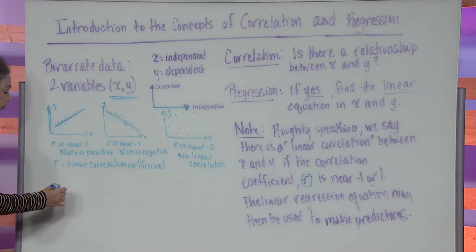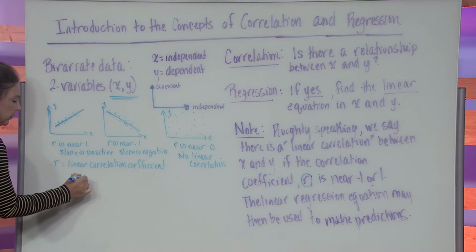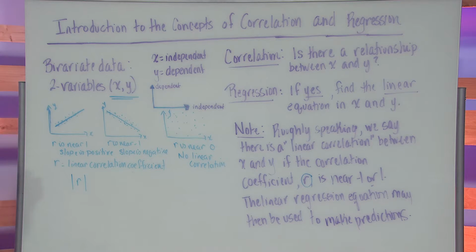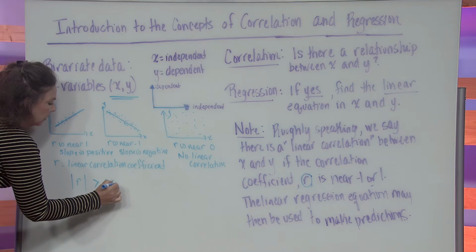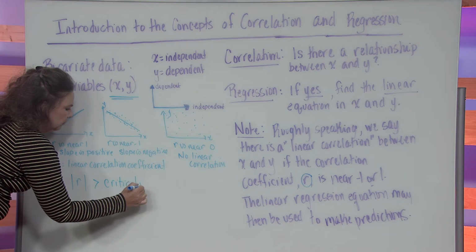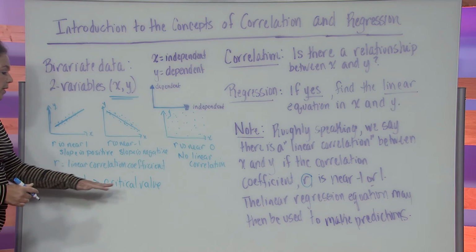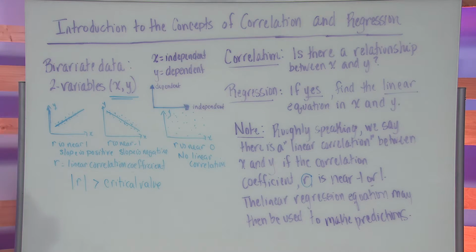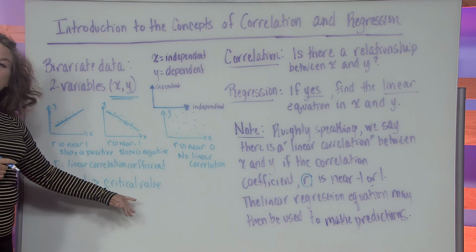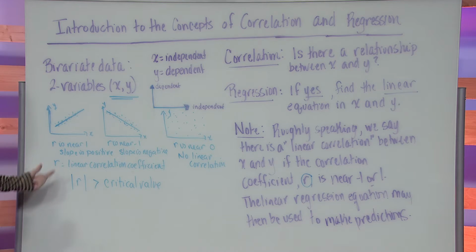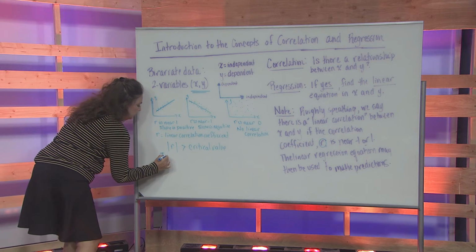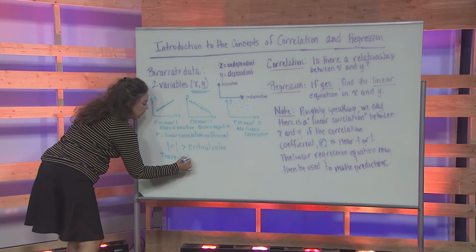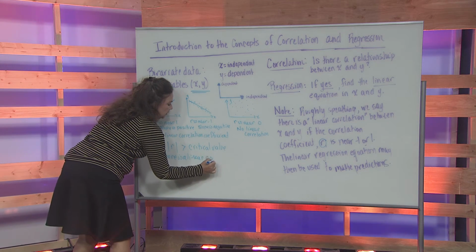And there's another approach we can go about as well. We can compare it to what we call a critical value. So if the absolute value of the linear correlation coefficient R is greater than a given critical value, and this critical value is based on the number of pairs of data, or the sample size that we have for the given problem, and you can look up the critical value in a table, then we say that there is a linear correlation.